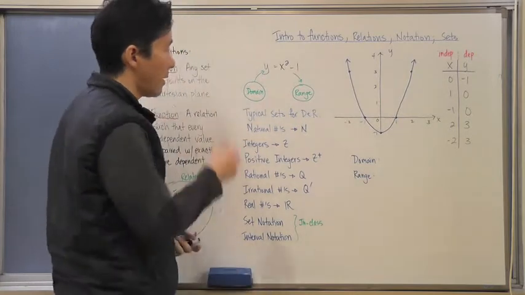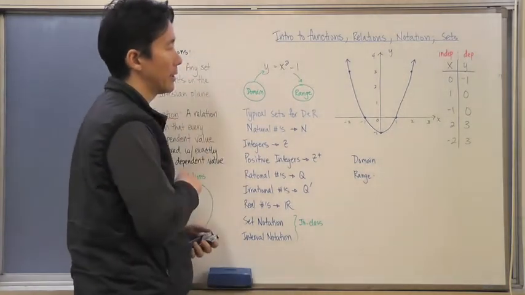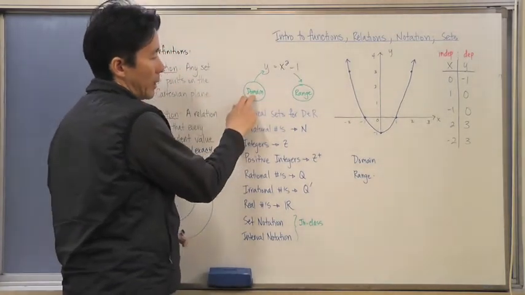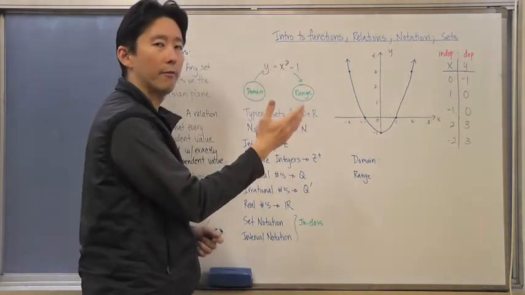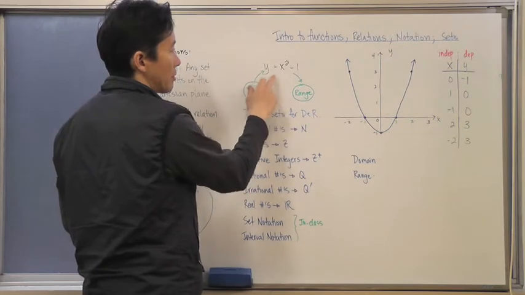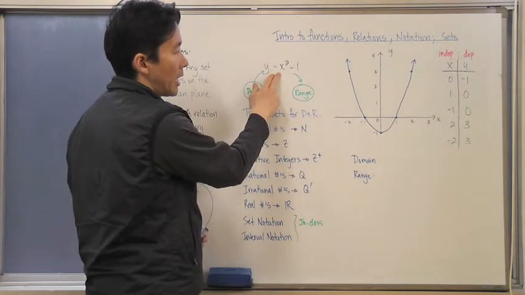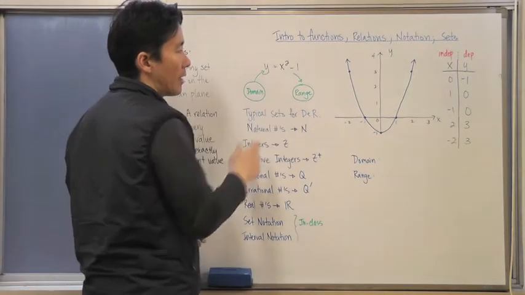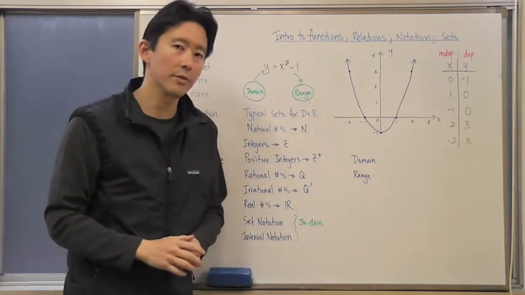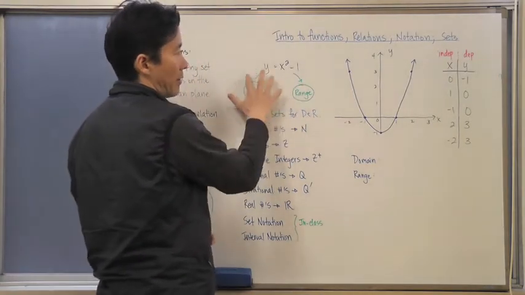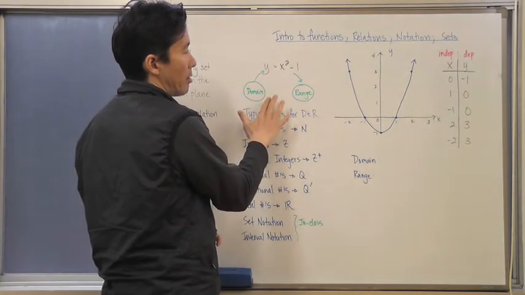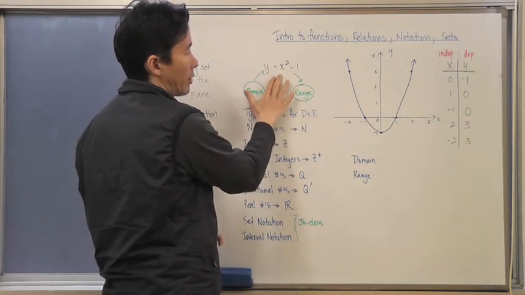So you pick a value from the domain, an x value, an independent variable value, you substitute it into your equation, and what comes out is a range value. That's the relationship we come across with regards to graphing an equation.